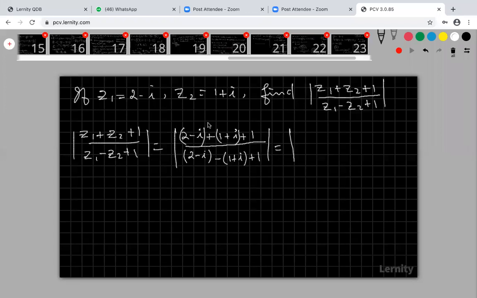What answer are we getting? Look here, adding complex numbers. How to add complex numbers? Add the real parts. If a term has no i, that is called the real part. If a term has i, that is called the imaginary part.